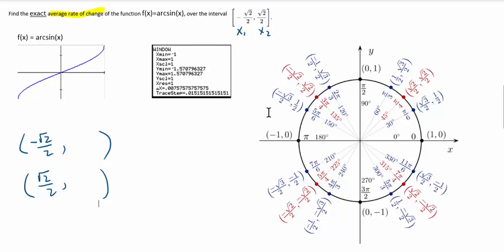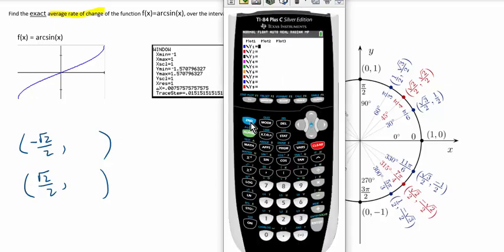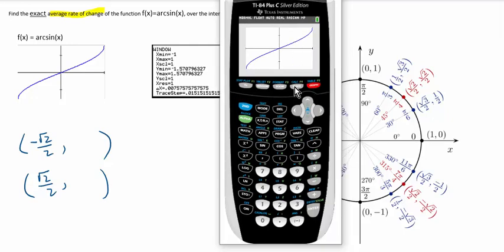To give you an idea what this looks like visually, I'm going to type second sine x and graph the inverse sine function from negative 1 to 1 and y values from negative pi over 2 to pi over 2, and I'm trying to get a sense of where exactly these points lie on the graph. So as an estimate, I'm going to press trace. I will type in that first x value of negative square root 2 divided by 2, press enter, and you'll see that when x is roughly negative 0.7, the y value is roughly negative 0.8.